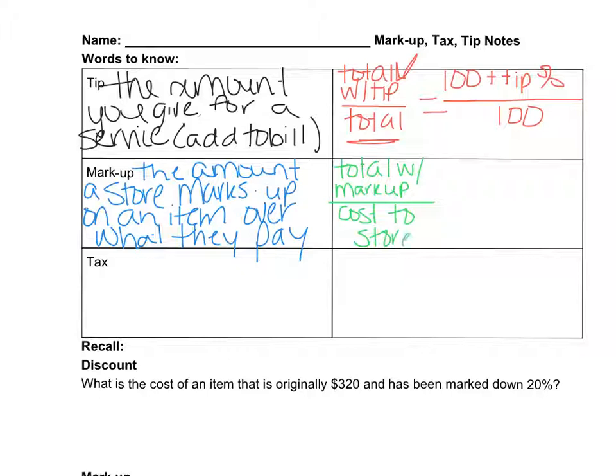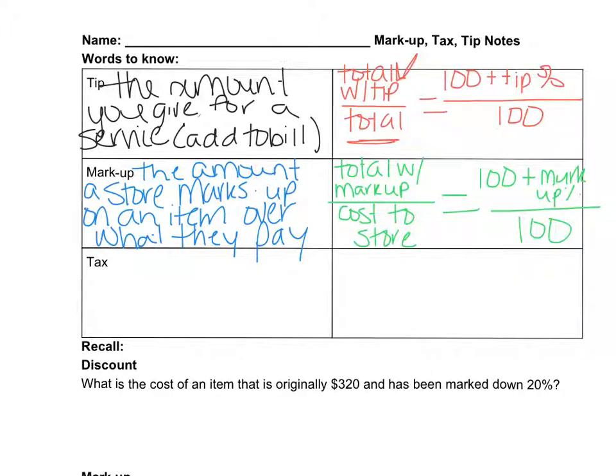So whatever the store might have paid for the item, okay? And just like tip, you as a person are going to pay 100% of what the store paid, plus you're going to pay the markup percent, okay? All over, of course, 100.